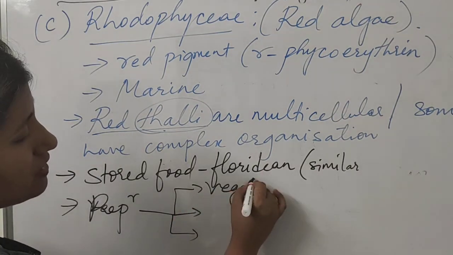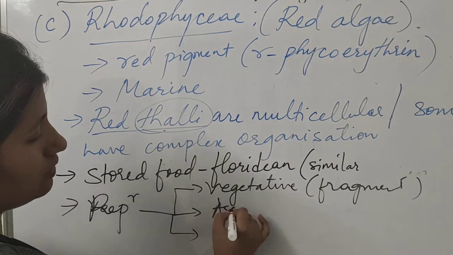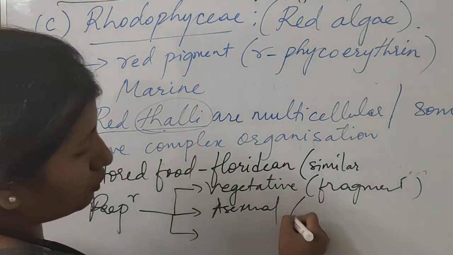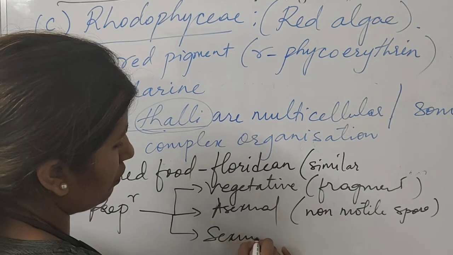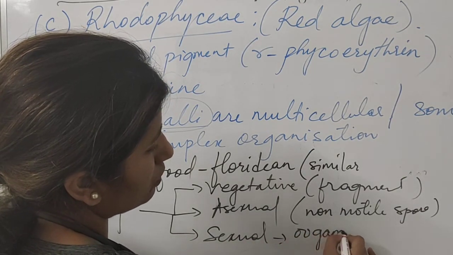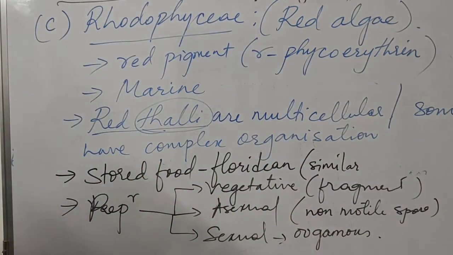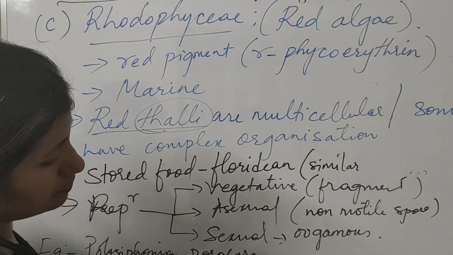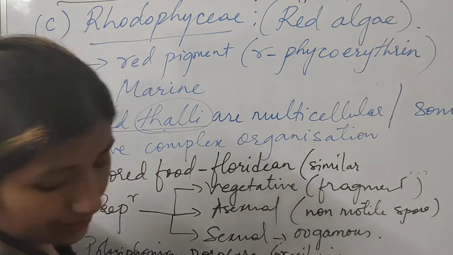They opt for vegetative, that is fragmentation, then asexual, by non-motile spores, and in sexual they opt for oogamous, where one of the gametes is motile and the other gamete is non-motile. Examples of red algae are Polysiphonia, Porphyra, Gracilaria, and Gelidium.